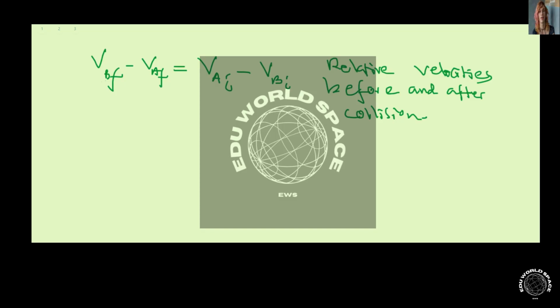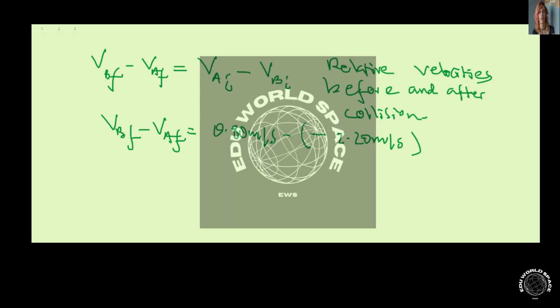So we plug in the numbers, we see that the final velocity of B minus the final velocity of A. We know what the initial velocity of A is, 0.8 meters per second, minus the initial velocity of B, negative 2.20 meters per second.